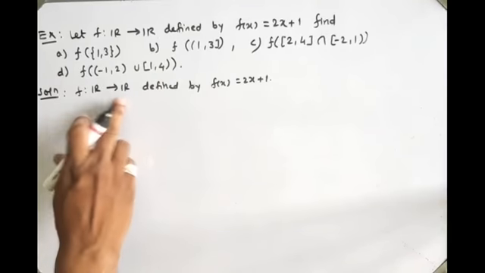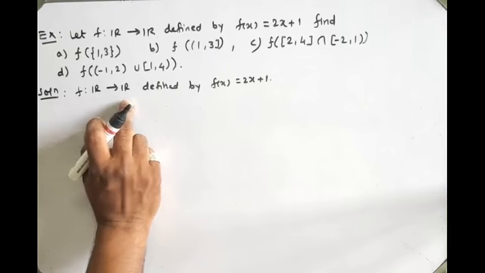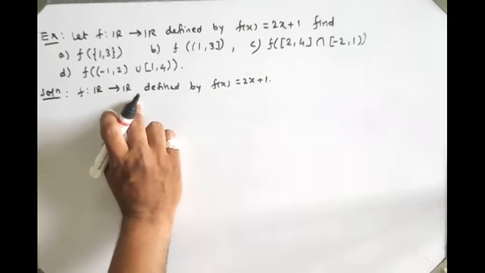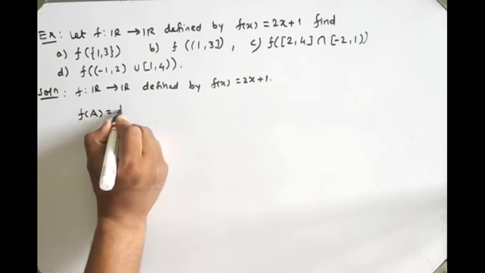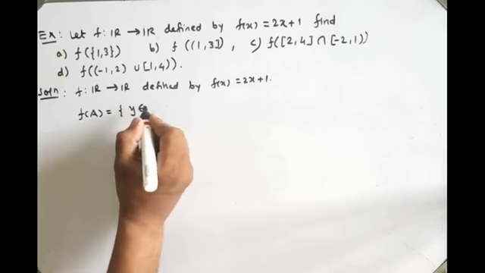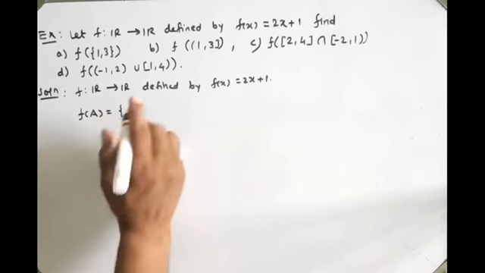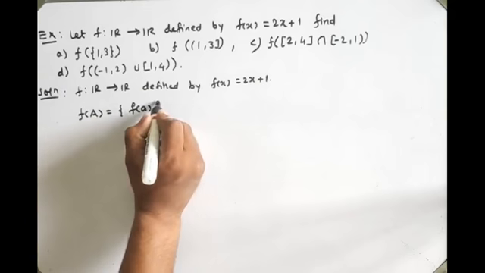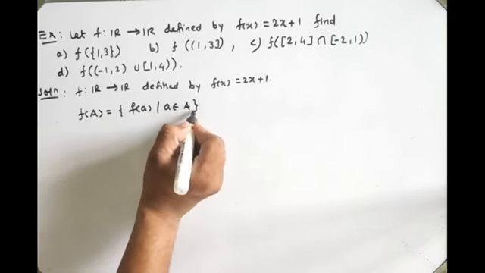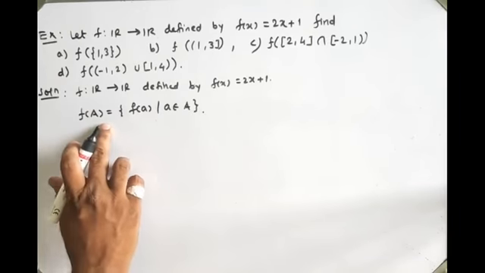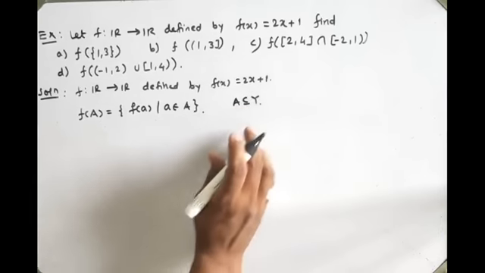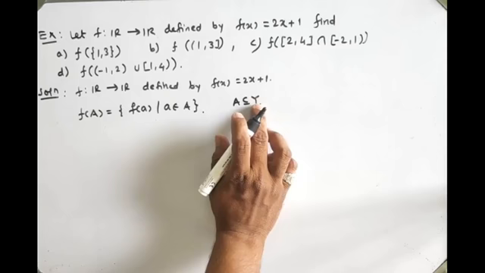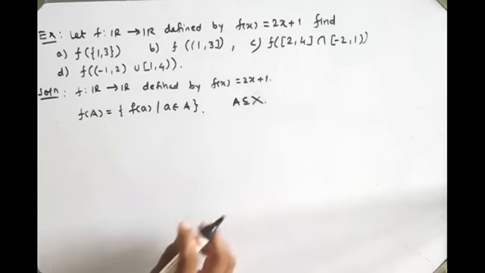If f from X to Y is a function and A is a subset of X, then f of A is equal to the set of all those y belonging to f of a such that a belongs to set A. This is the definition of image of a subset, where A is a subset of X.